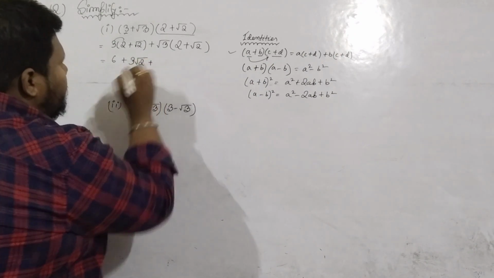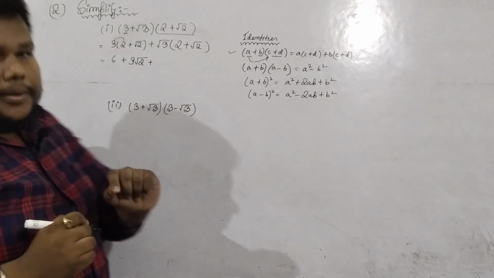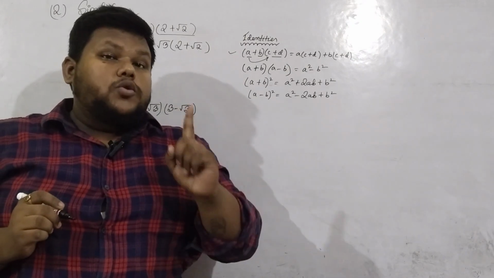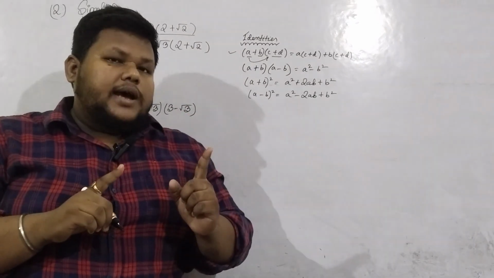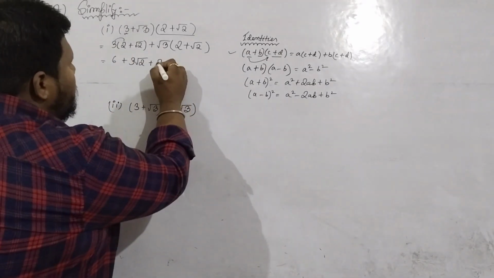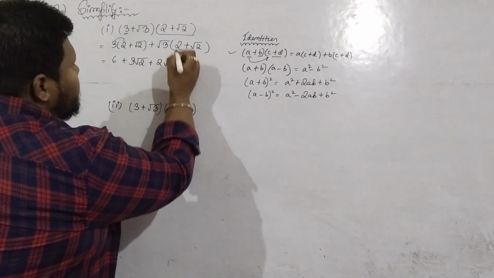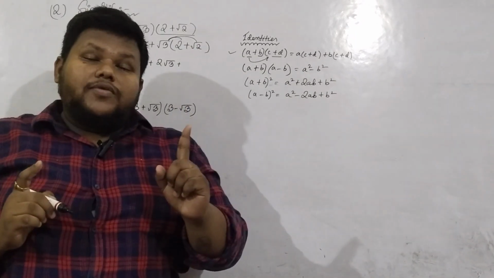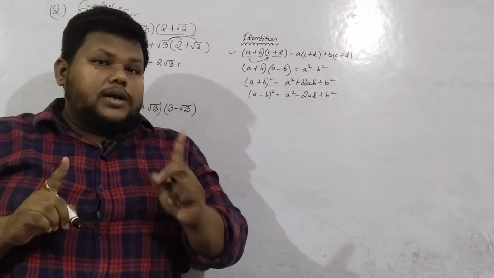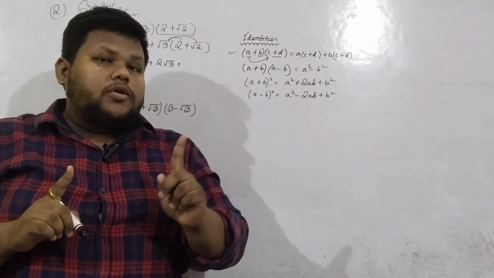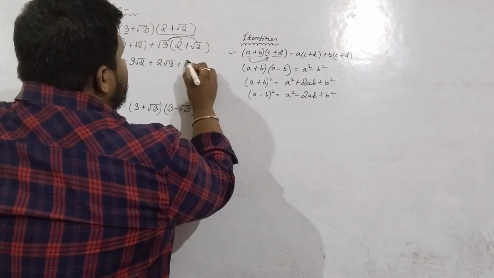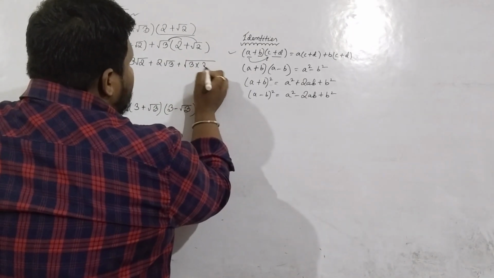root 2. Okay, then again 2 root 3. 2 and root 3 are again different. We have to write 2 root 3 because the number we always write first. So 2 root 3 plus, now you see root 3 into root 2. Both of them are under square root. When numbers like this are multiplied, both of them come under the same square root. That means root 3 into root 2 will be root over 3 into 2.